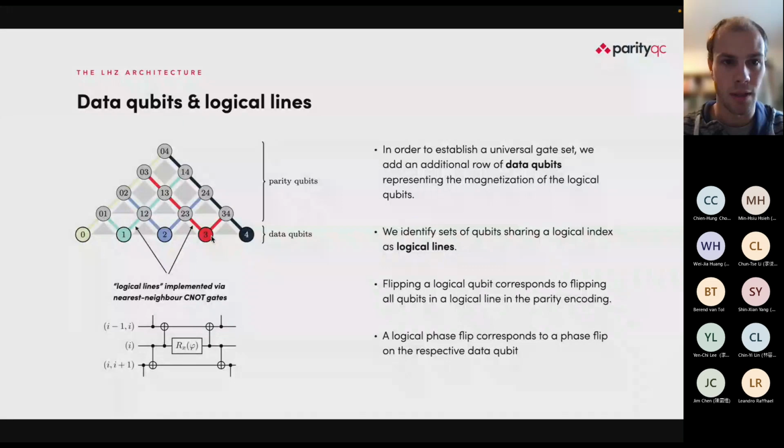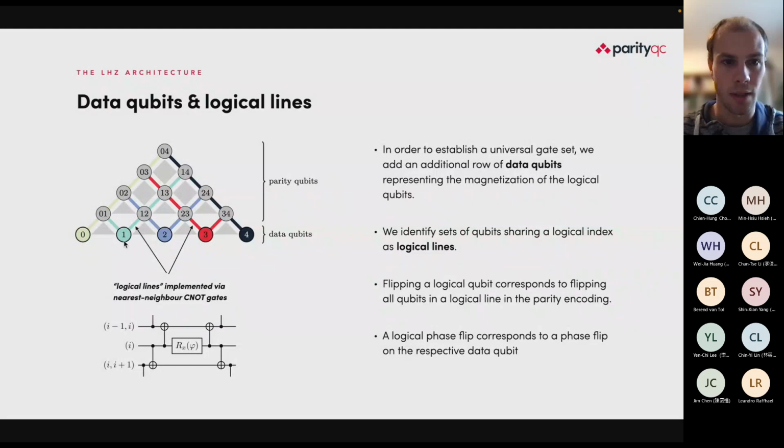And therefore, flipping a logical qubit corresponds to flipping all physical qubits along its logical line. A phase flip, on the other hand, does not change the relative alignment to others, and therefore it is enough if I just flip the phase on the data qubit.